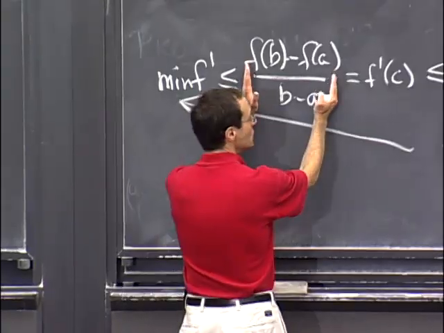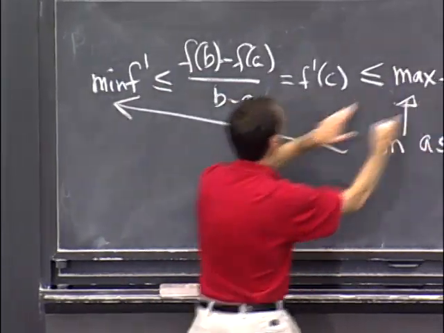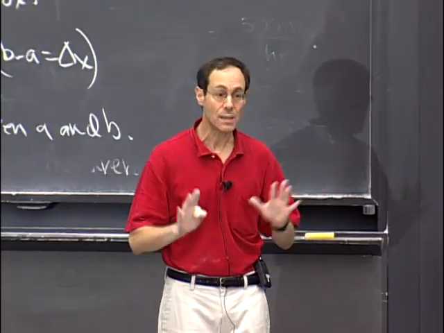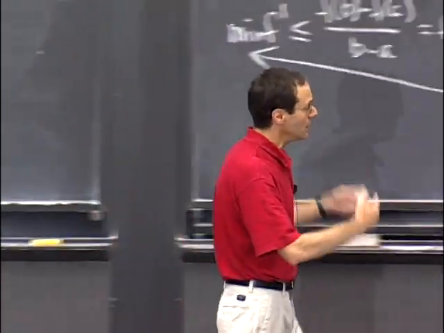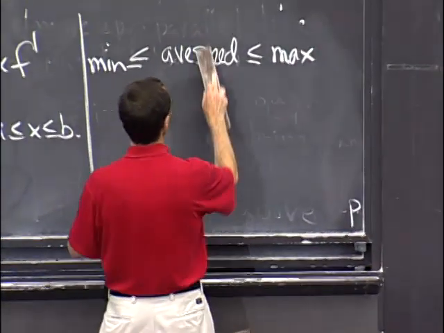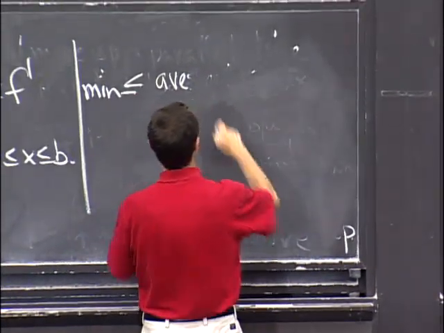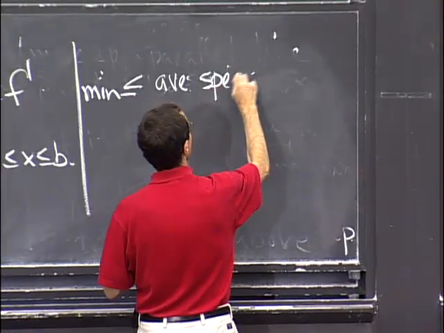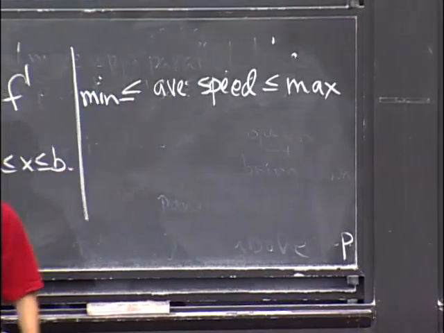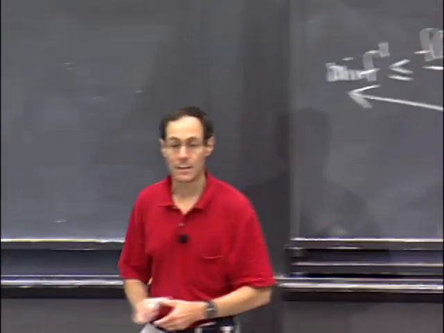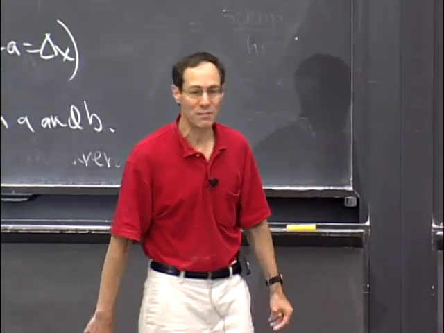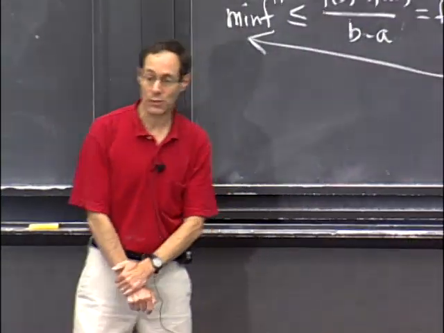It's saying the average speed is trapped between the maximum speed and the minimum speed. For sure, that's something, and that's why, incidentally, this wasn't really proved when Newton and Leibniz were around, but let's write this so that you can read it. Average speed is between the max and the min. But nobody had any trouble. They didn't disbelieve it because it's a very natural thing.